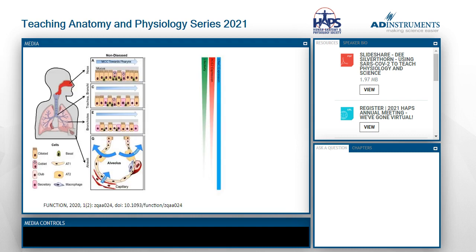So this is a picture from that same function article that you've seen two other images from. And this is showing the airways and the histology of the airways in the normal physiology.